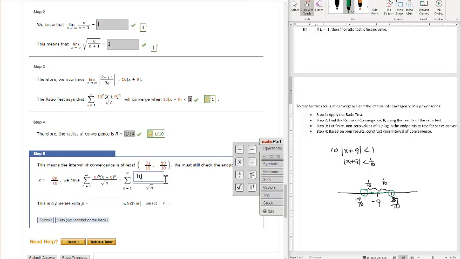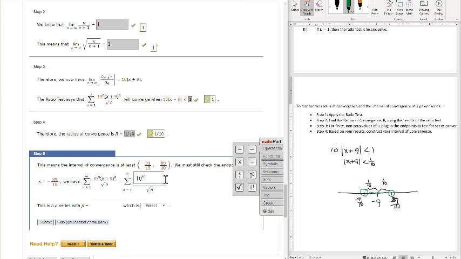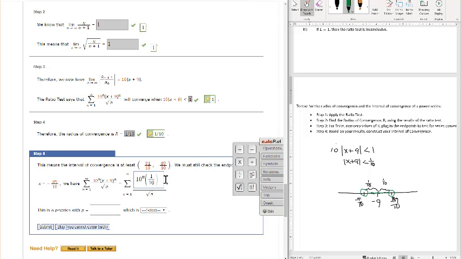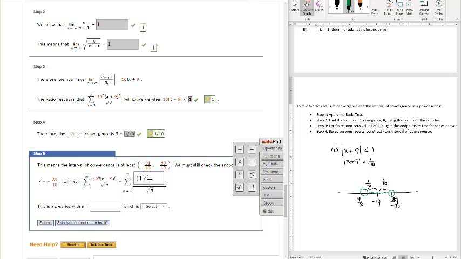So we have 10 to the n, and then 1/10 to the n. Now they both have the same power, so we can put them under one power. And 10/10 is just 1. So this is just 1 to the nth power.